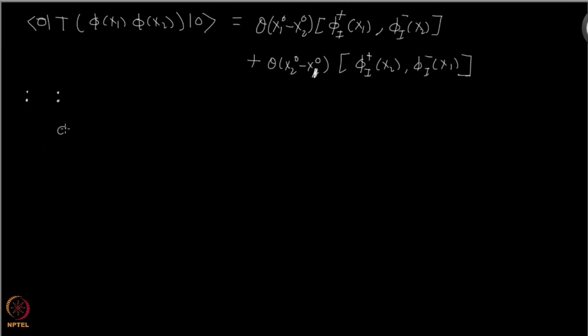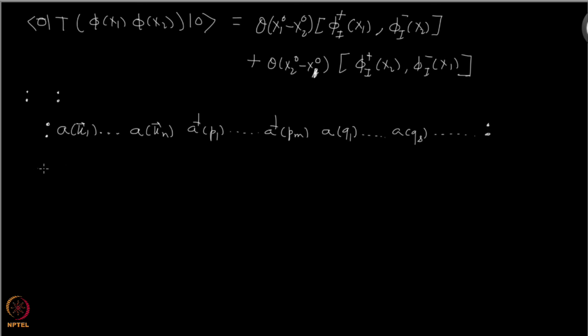So if you have operators a k1 to a k n, so let's say you have a series of a's, and then you have another series of a daggers, and then maybe you again have another series of a's, and so forth, maybe another series of a daggers. And if you were to normal order these operators, then what you get is the following.